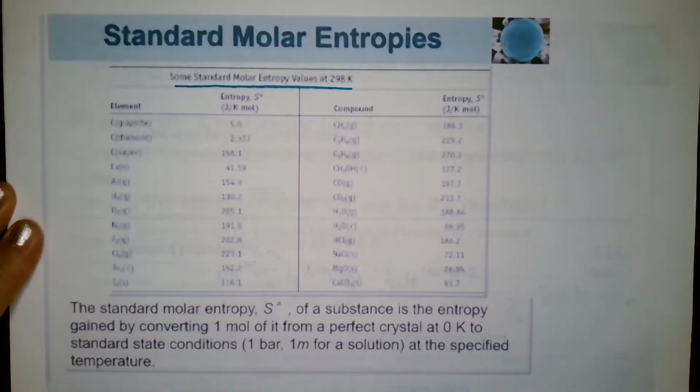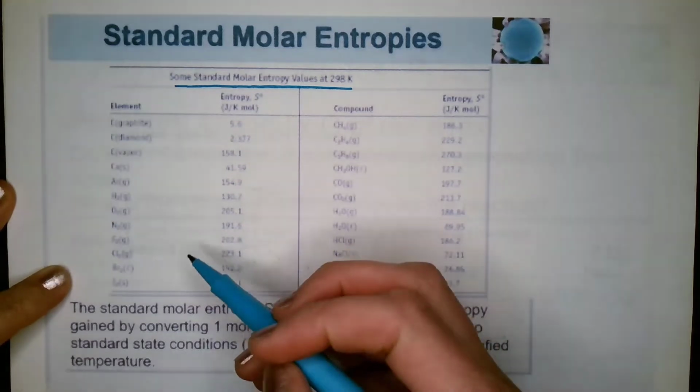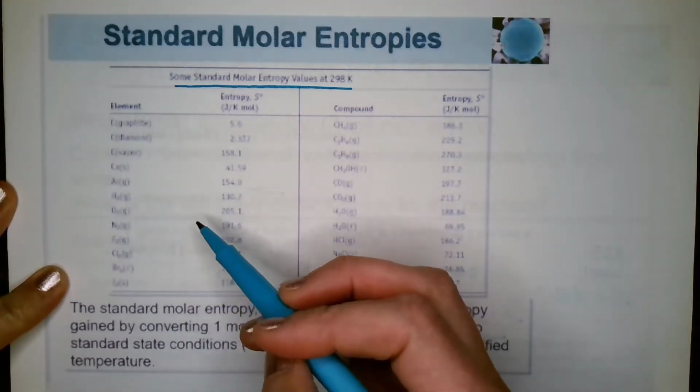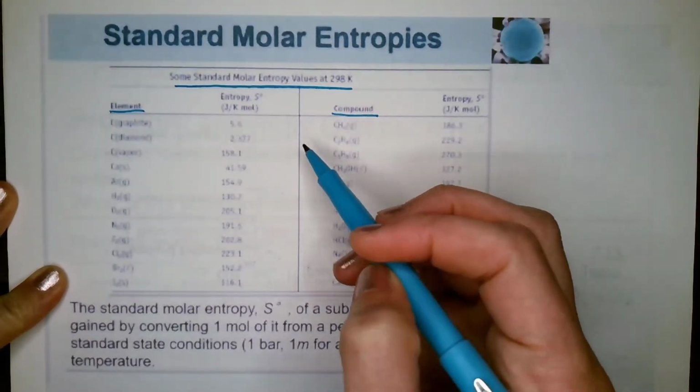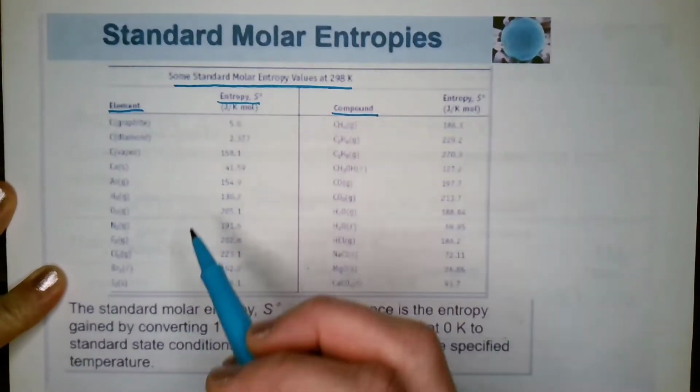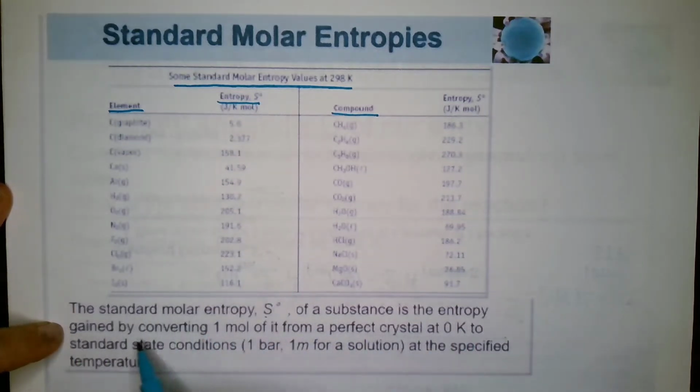So here are some standard molar entropy values pulled from the appendix, from the back of the book or notes that you were given, where you're given the elements or the compounds, and we're able to see these entropy values.